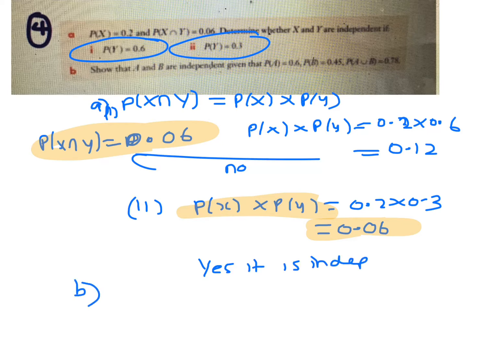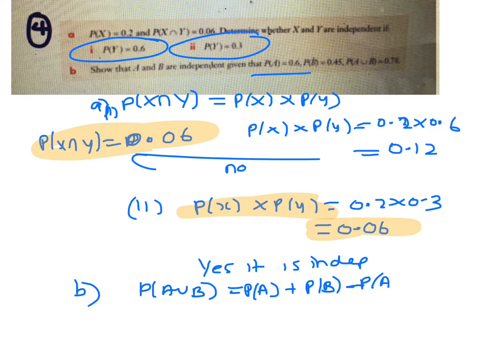Okay, now part B, we want to show that these are independent. So we've got this, and that equals the probability of A plus the probability of B minus the probability of A intersection B. So to prove it's independent, we need to find this, and then we need to multiply the 0.6 and the 0.45 together.